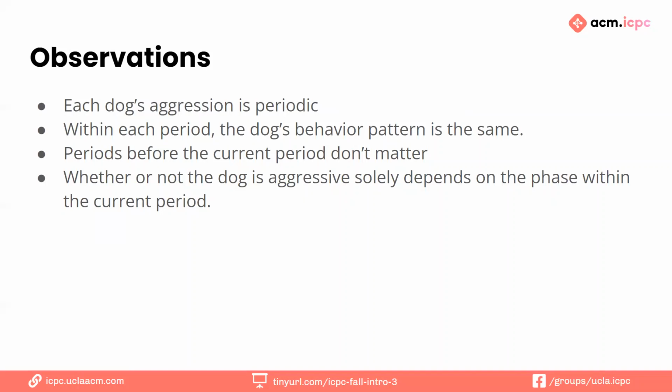If you think about the time one person comes to visit this house, the periods before the current period don't really matter. They don't affect the dog's behavior at the current period. So whether or not the dog is aggressive solely depends on the phase within the current period, or how many minutes have passed since the dog started the current period.